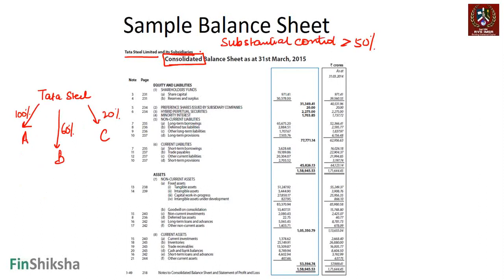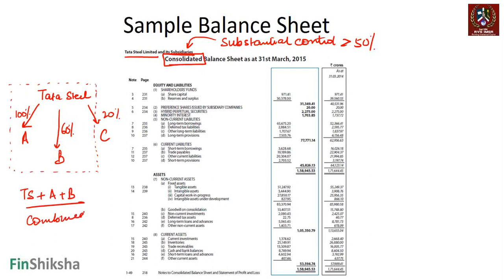So these are called subsidiaries, right? So that's my subsidiary set. Tata Steel has substantial control in A and B. It may have reasonable control in C, but it does not have substantial control in C. So when you combine the financial statements of Tata Steel plus A plus B, the combined statements are known as consolidated balance sheets or consolidated statements, right?